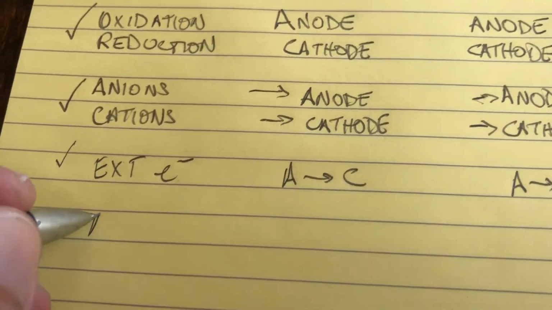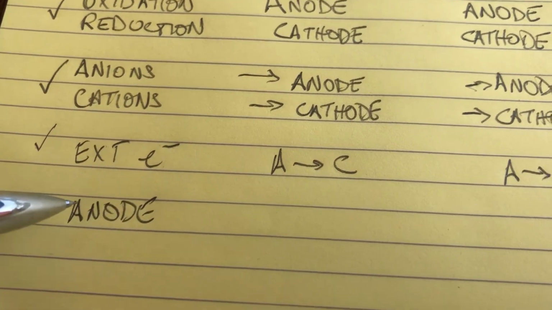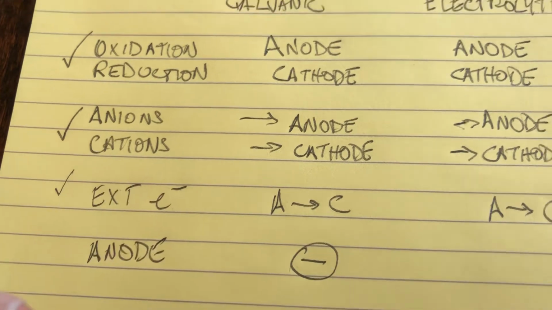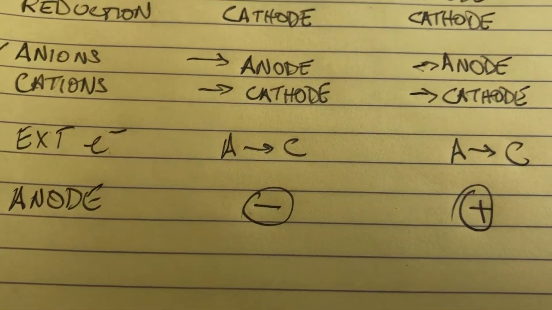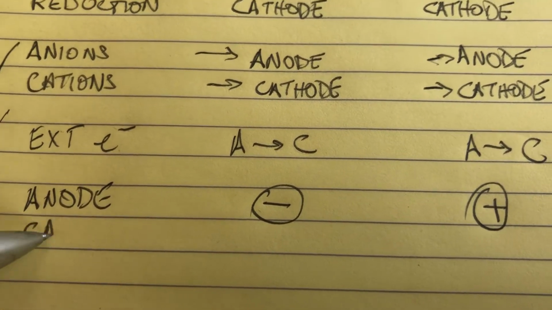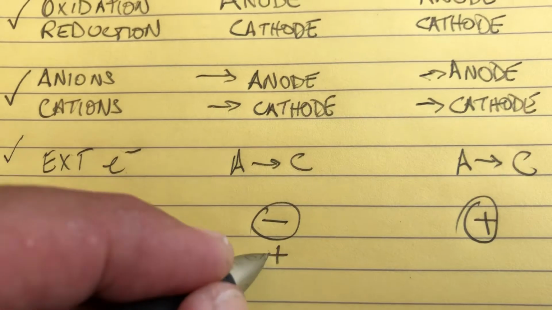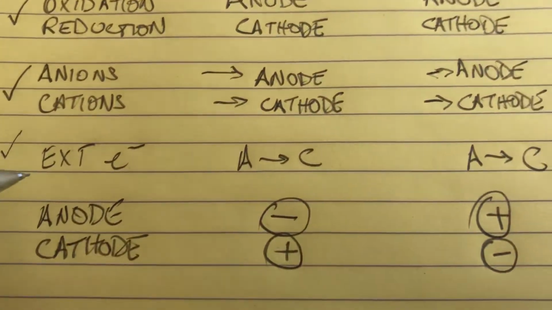What is different in the two cells is the charge on the electrodes. In the galvanic cell, the anode is negative. In the electrolytic cell, it's positive. In the galvanic cell, the cathode is positive, and in the electrolytic cell, the cathode is negative.